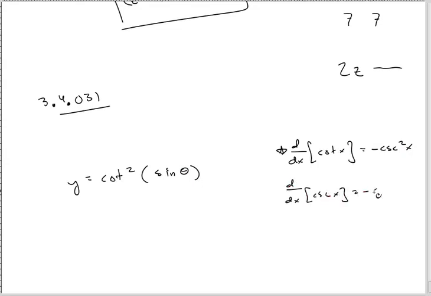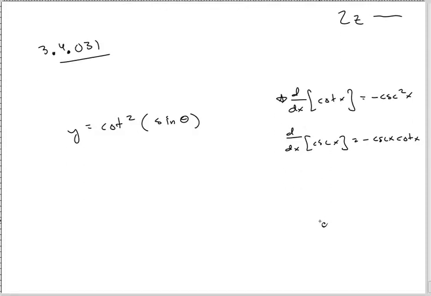It's negative cosecant cotangent x. This is very similar to the secant and tangent configuration. The only difference is that there's a negative in the front. Everything else should be applied the same: one of those, two of those, all that kind of thing.